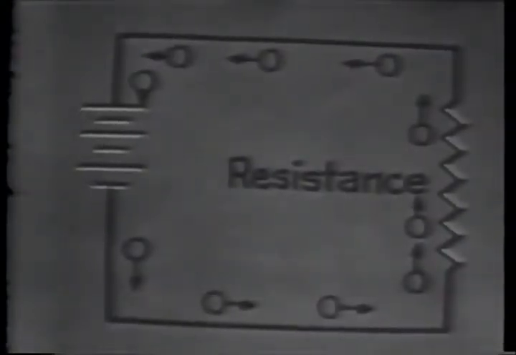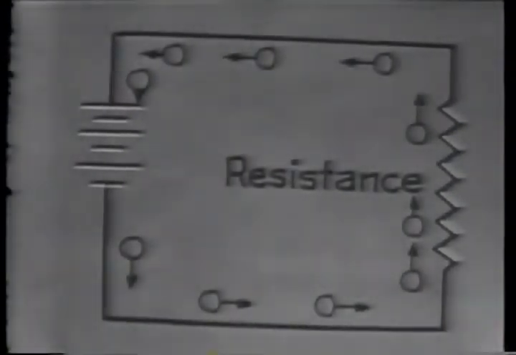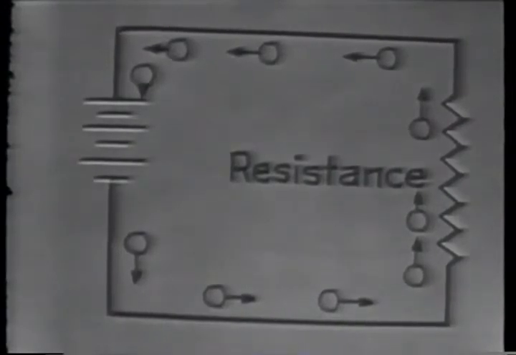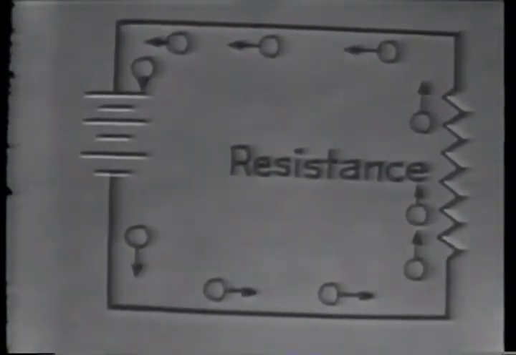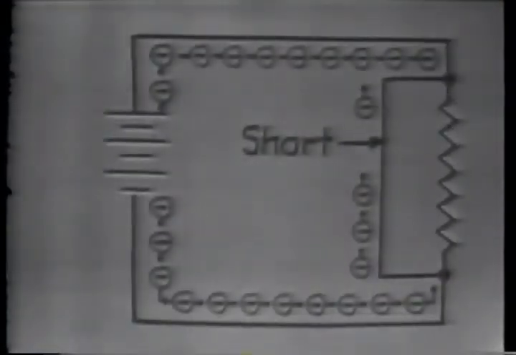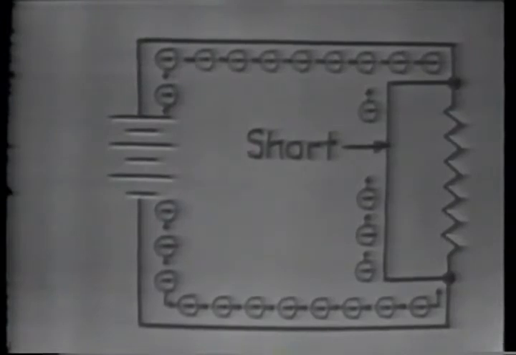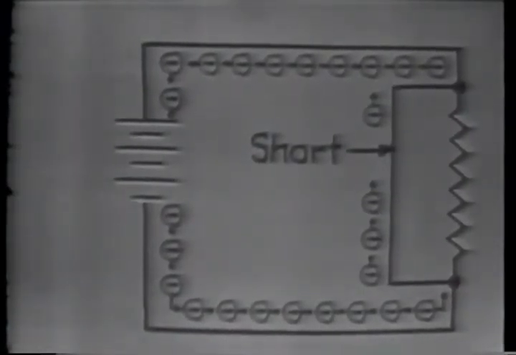So, a power source needs some resistance in the circuit. This resistance will regulate the current and keep it down to a normal value. Shorting across the resistor will eliminate its effect, and there will be no regulation. This will allow a very large current to flow in the circuit.